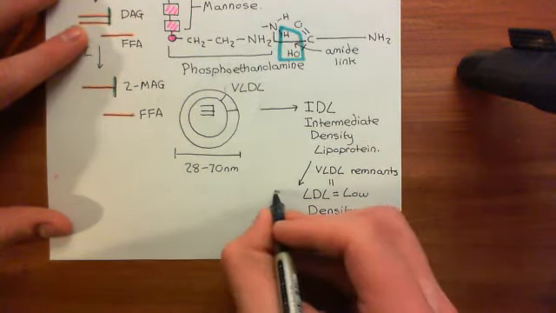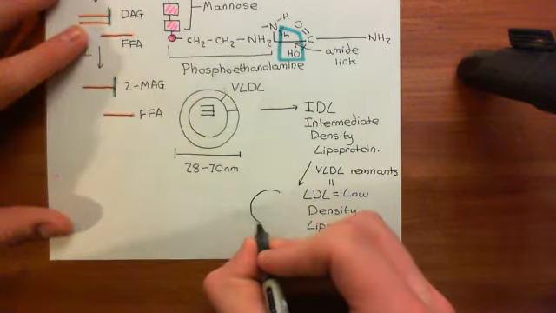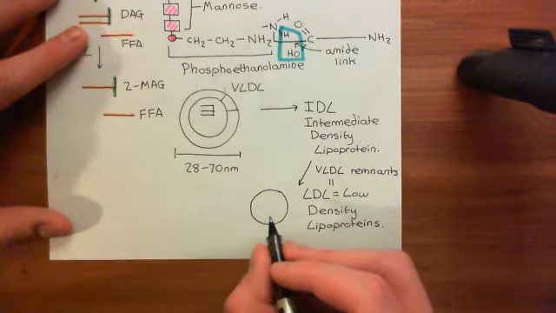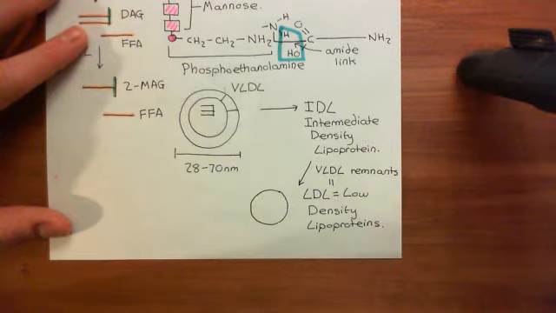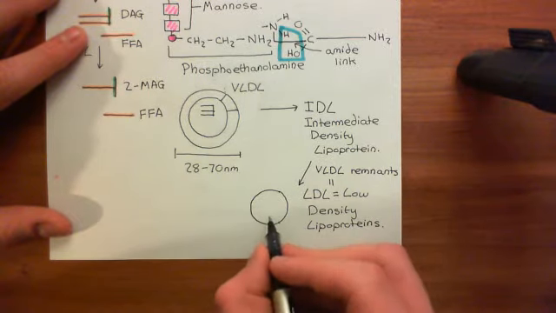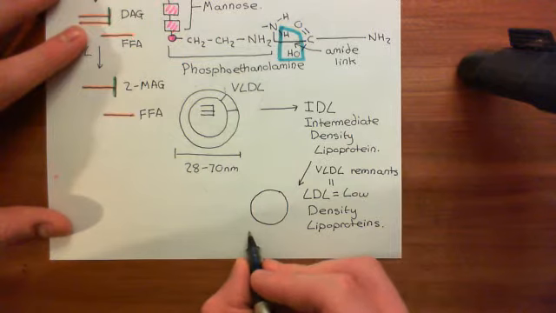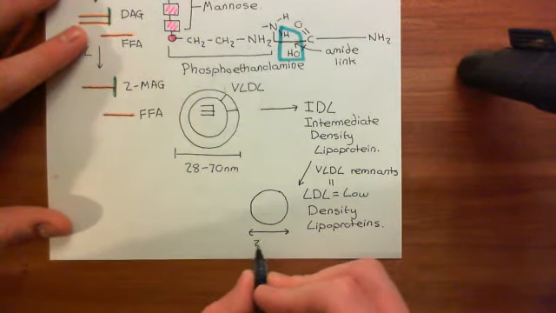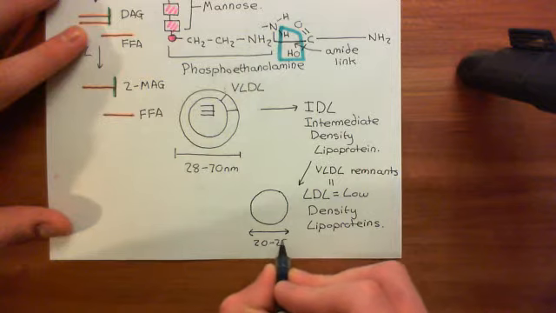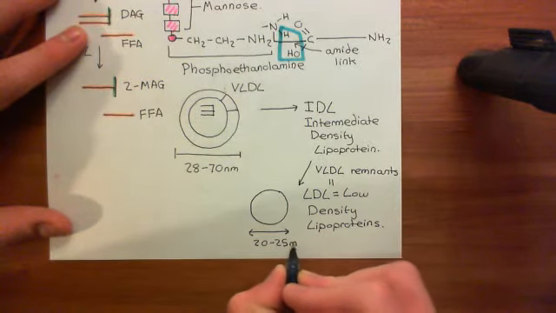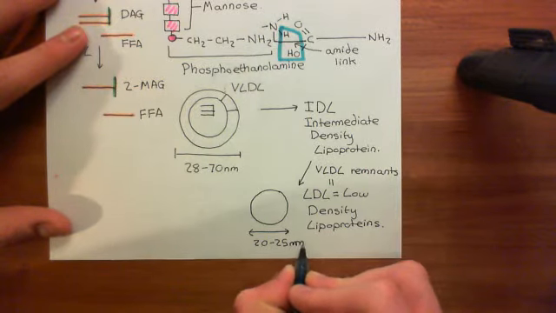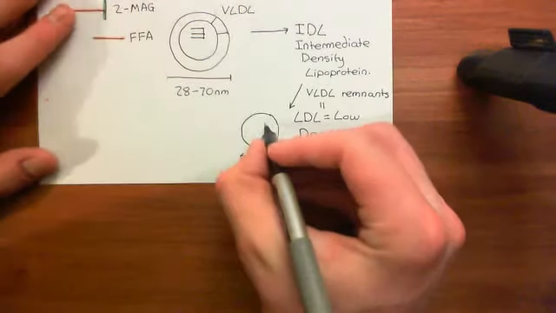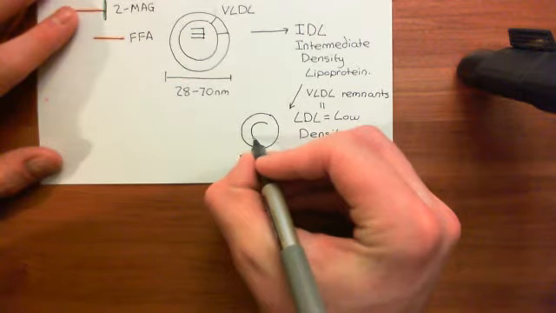If we draw a picture of them, they are much, much smaller than the VLDL molecules. They are between 20 and 25 nanometers in total. Also, they only have a single apolipoprotein.